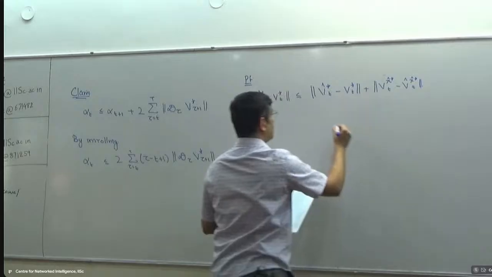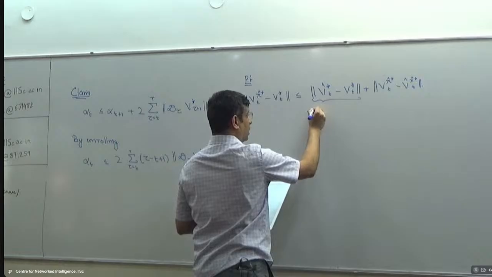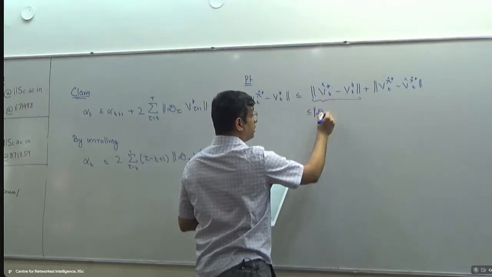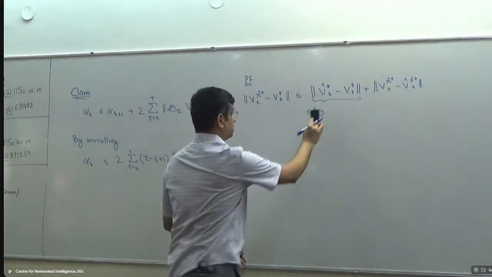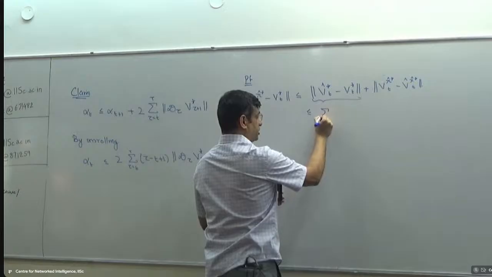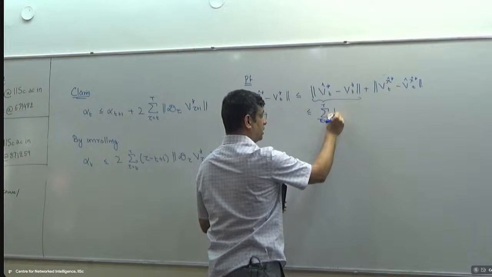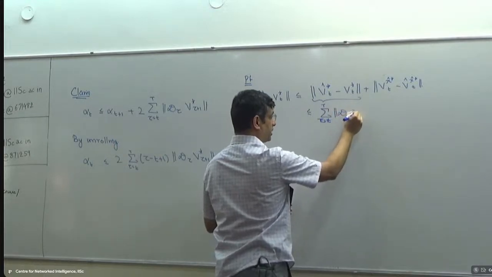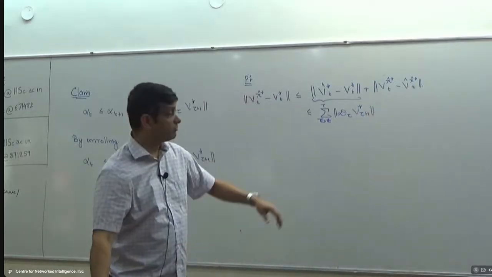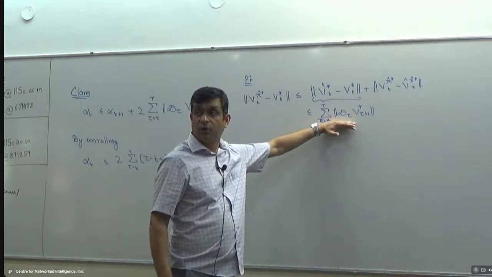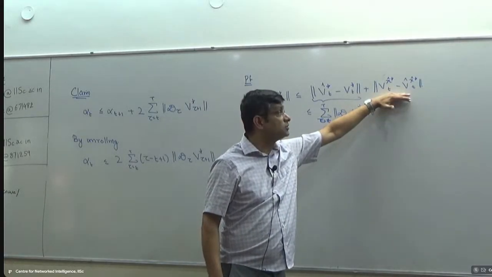This object I know is upper bounded by the summation from tau equals t till capital T of the norm of the mismatch operator at tau applied to V star tau plus 1. This is what I was saying earlier, that for the value error I can get a bound of this type. This is the term that I have to figure out. So I'll focus on this term.